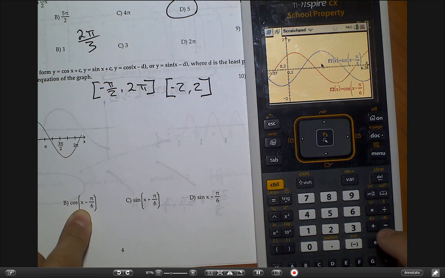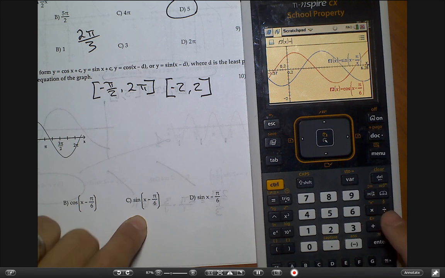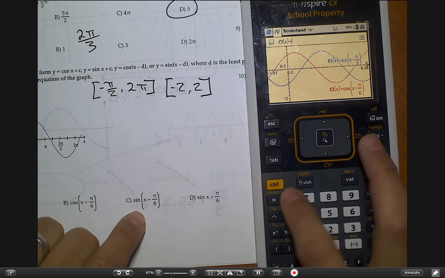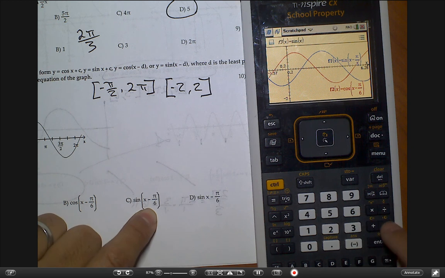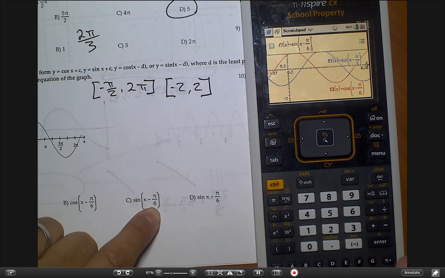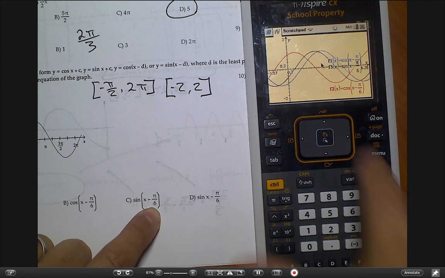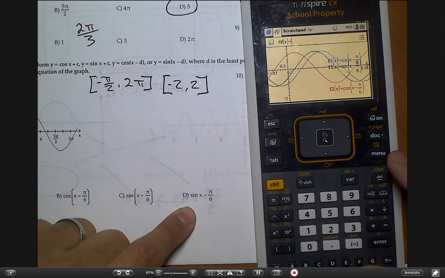Okay, so that one looks like it's a definite no. I'm going to hit tab again. I'm going to graph the third one. So it's sine of x minus pi over 6. That one's a maybe.